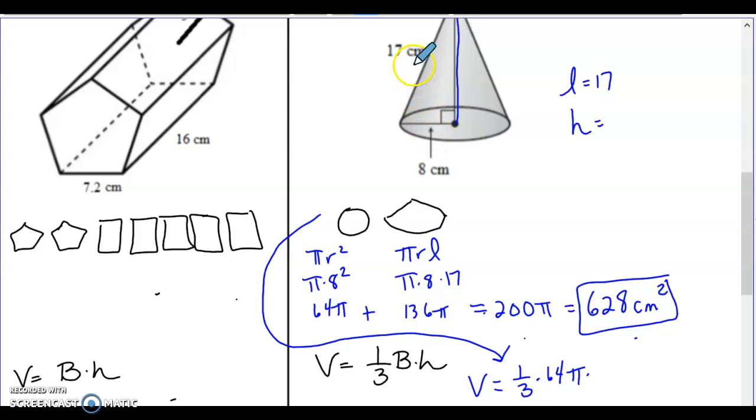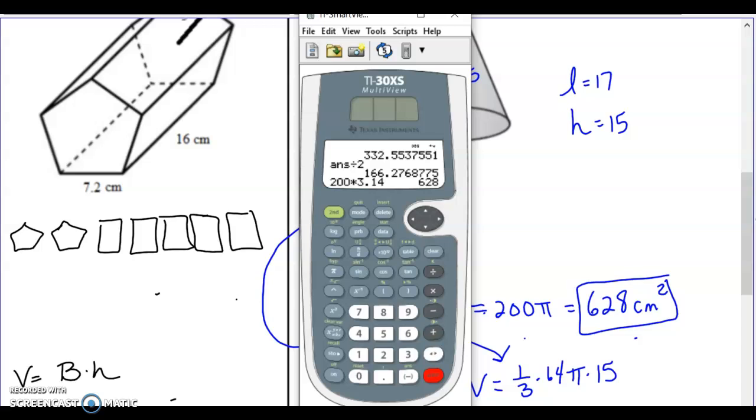And so 8, 17, that's a Pythagorean triple. So the height is 15. And again, on your test, it's going to say round to the nearest tenth. So on this one, I'm going to go 64 times 3.14 times 15.